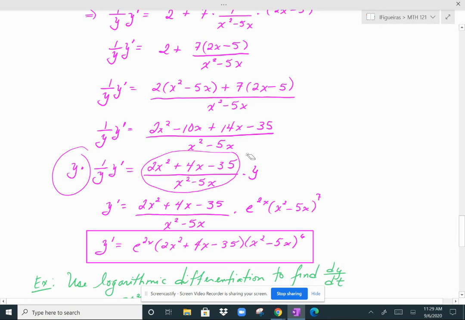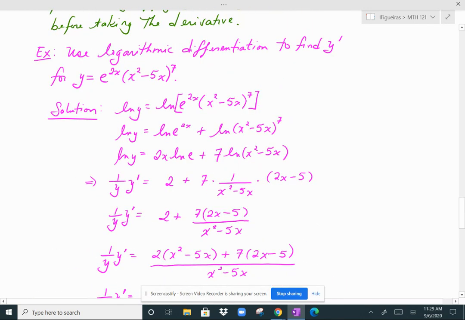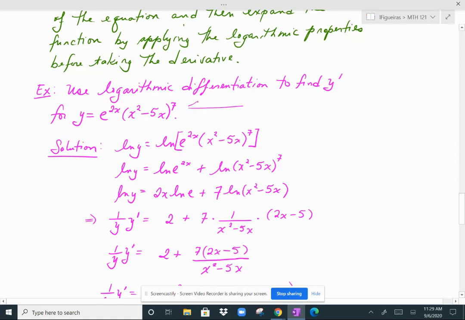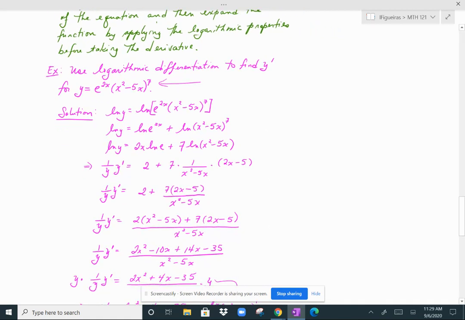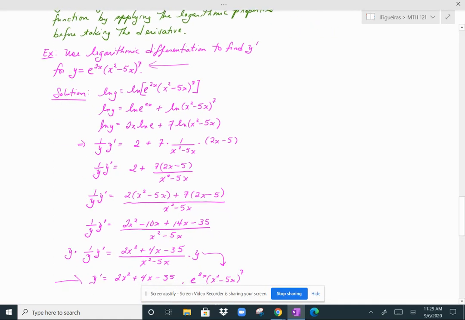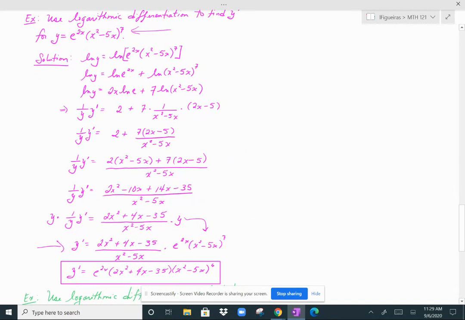I multiplied both sides by y, and that leaves me with y prime on the left. And on the right side, well, I replace the y with what y is equal to. What is y equal to? The original problem. y is equal to e to the 2x times (x squared minus 5x) to the 7th. I'm just going to shrink it down so you can see that I'm replacing the y right in here.